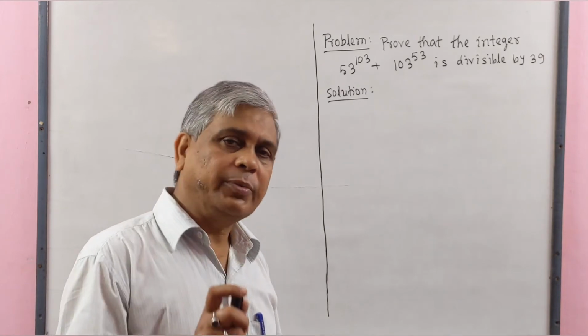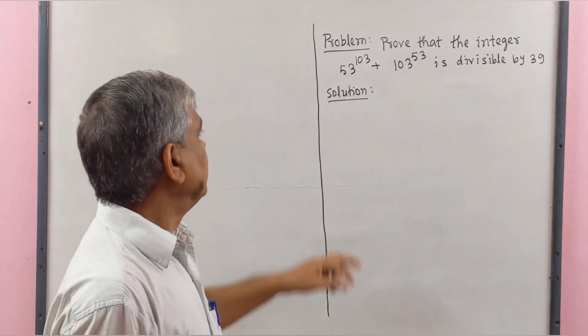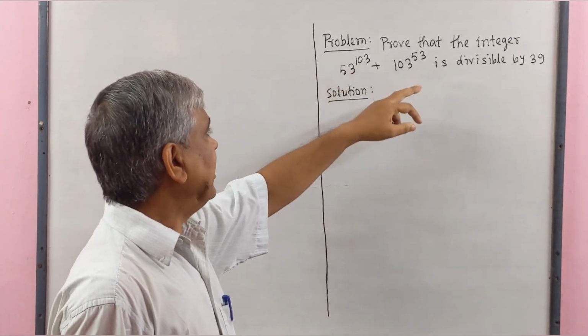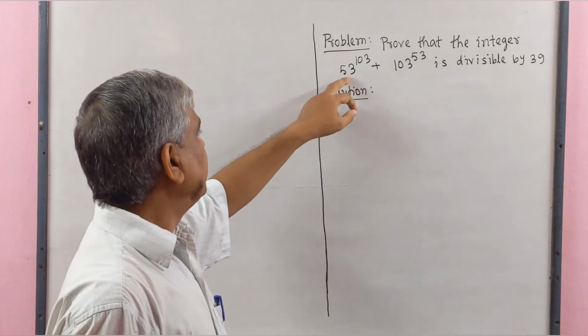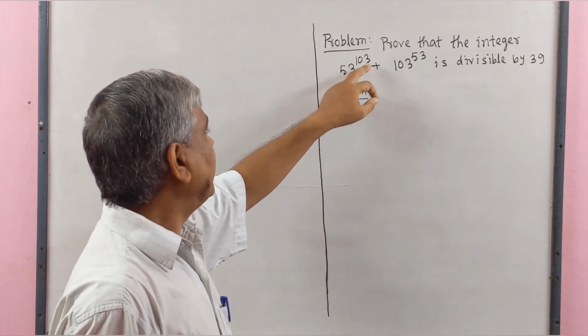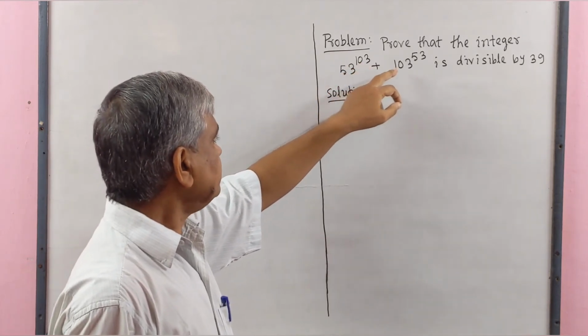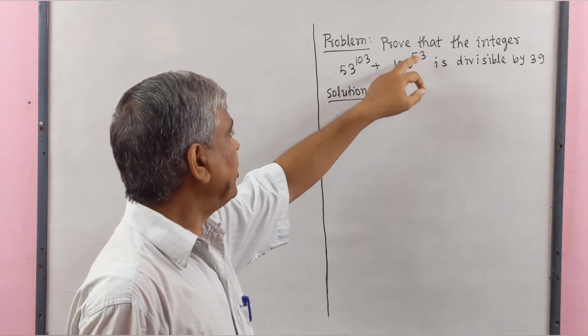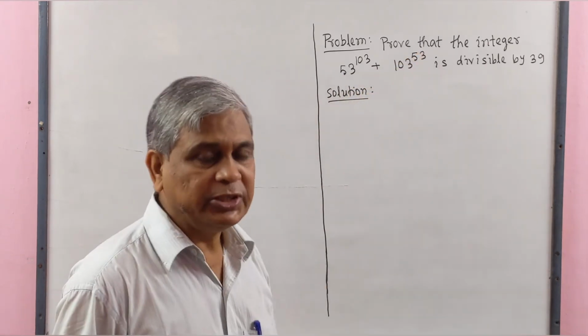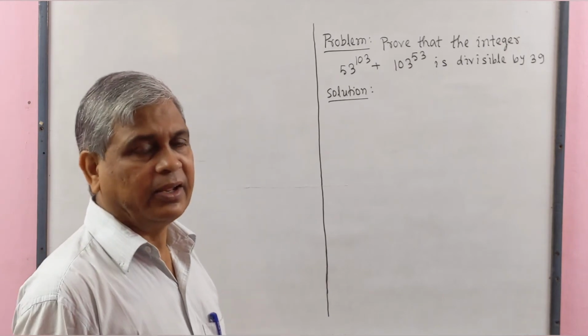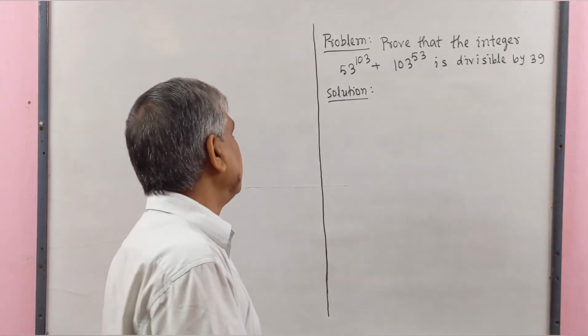Now we solve a problem. Problem is prove that the integer 53 to the power 103 plus 103 to the power 53 is divisible by 39. Now we prove this.